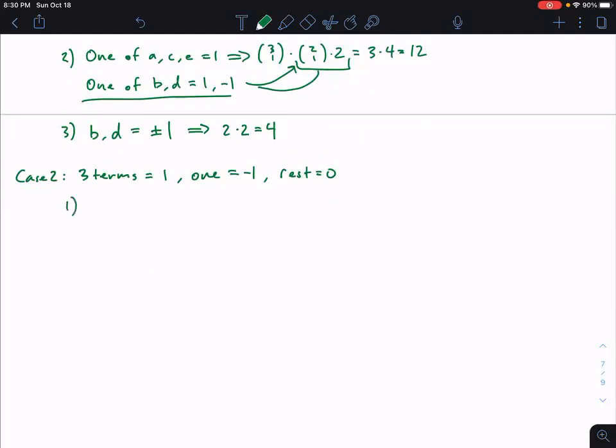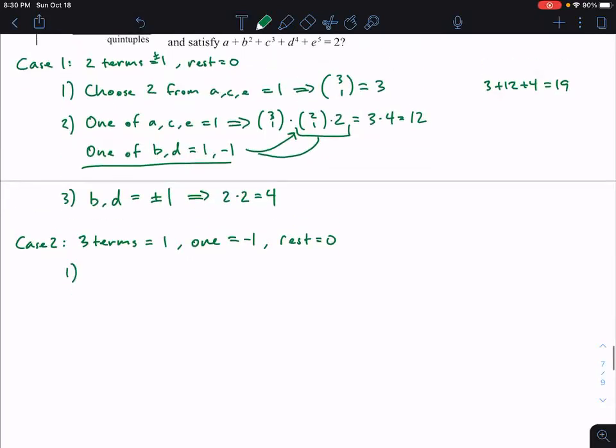So subcase number 1, both B and D are equal to 1 or -1. And we already calculated that here. So there are just 4 cases.